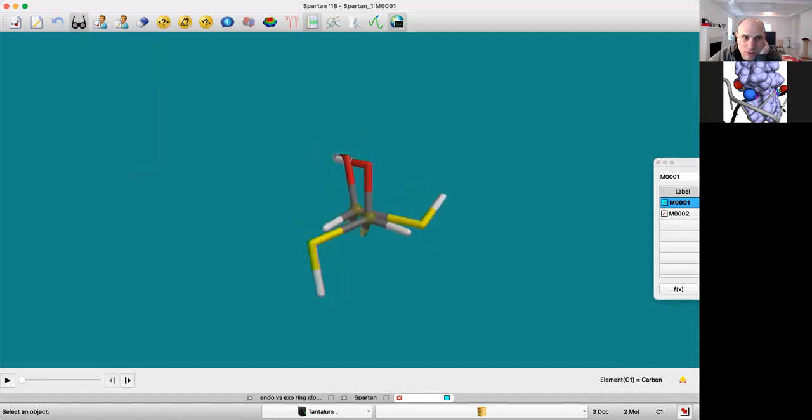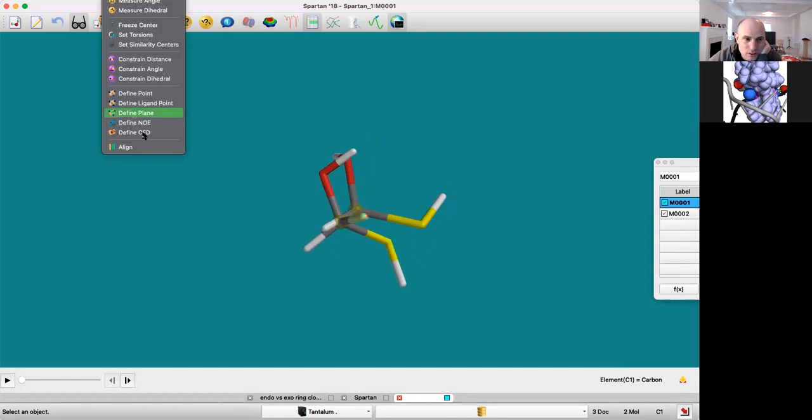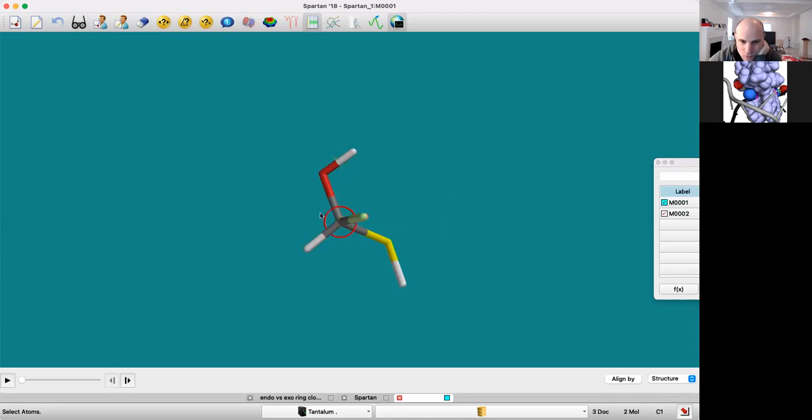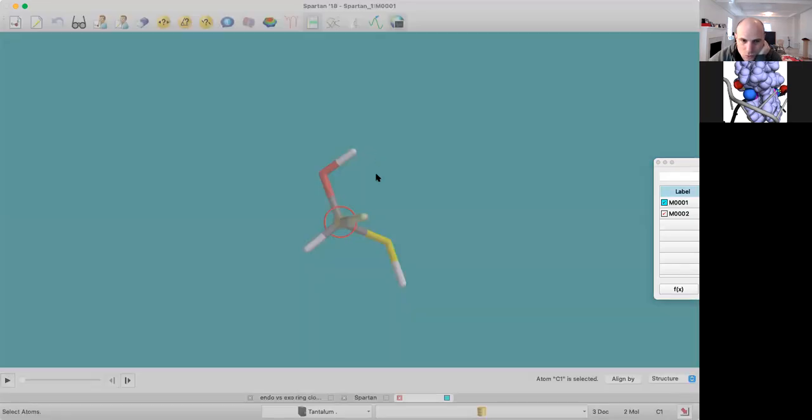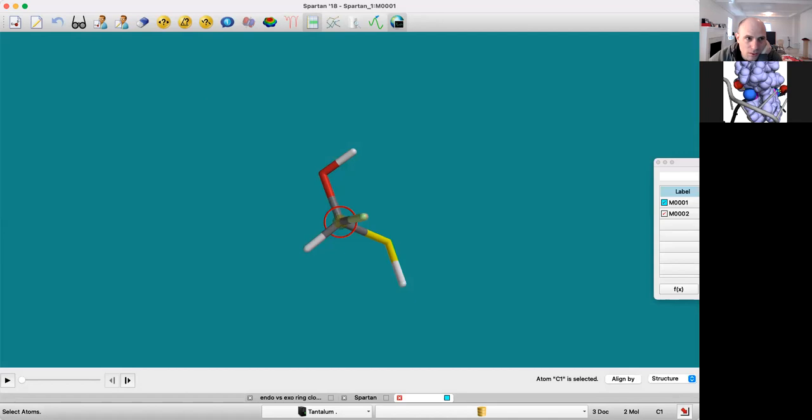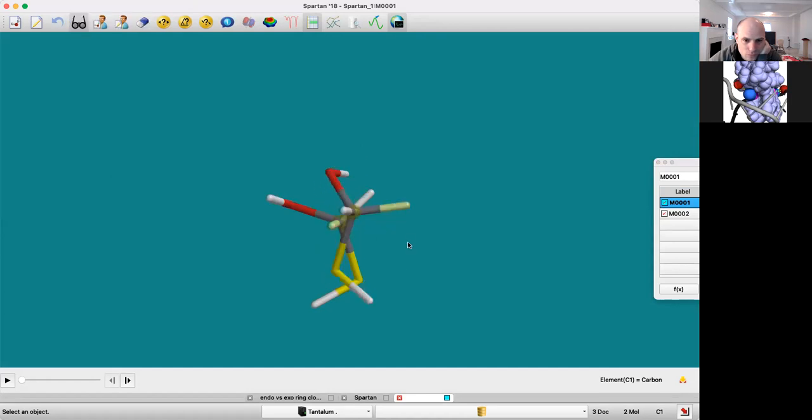And so we can play the game then where we line up the hydrogen and the sulfur like that. And let me just realign this. Sort of a little bit out of alignment, but you get the idea.